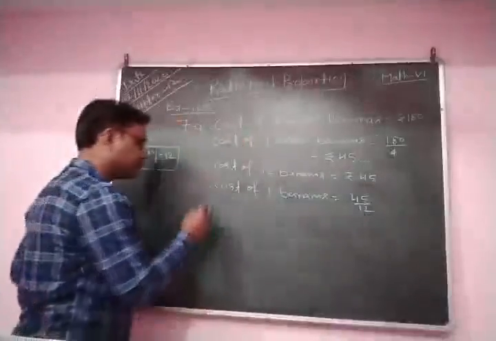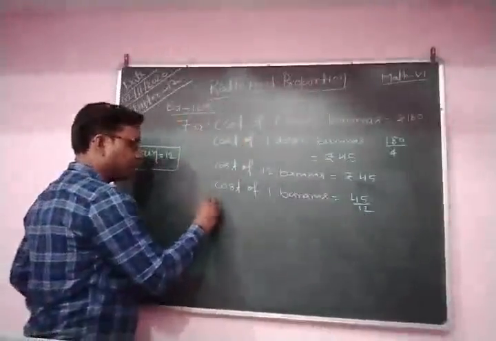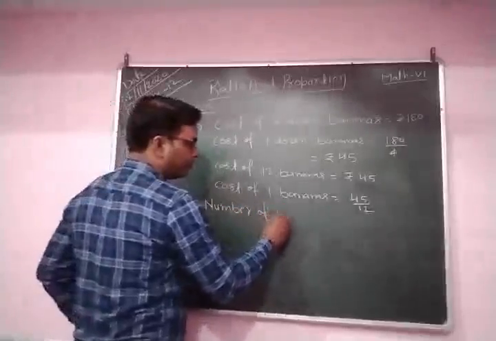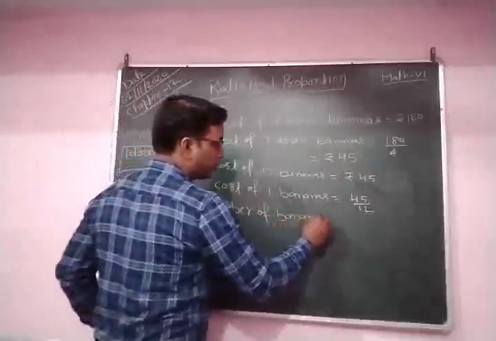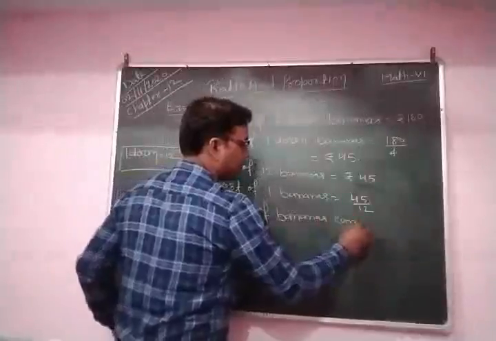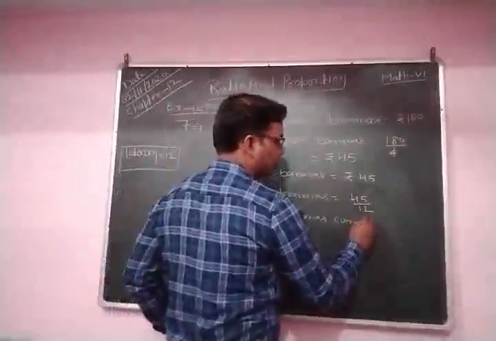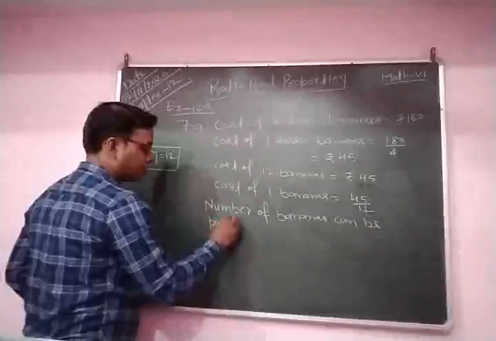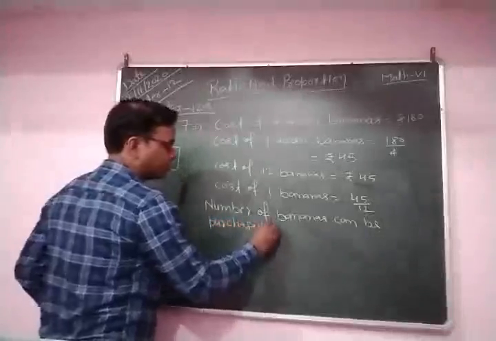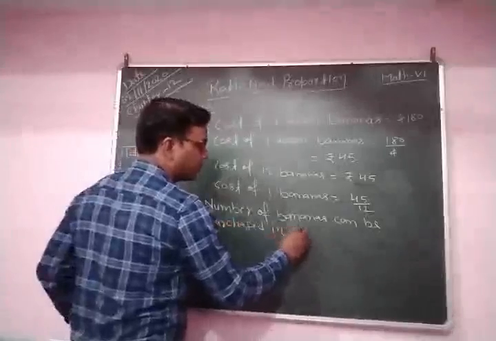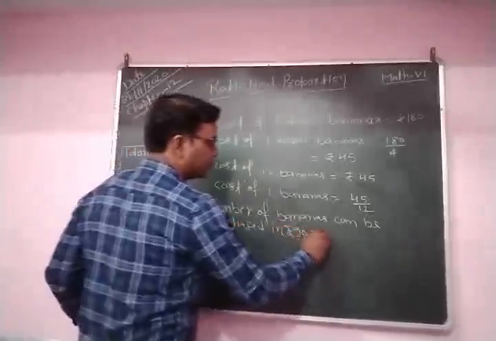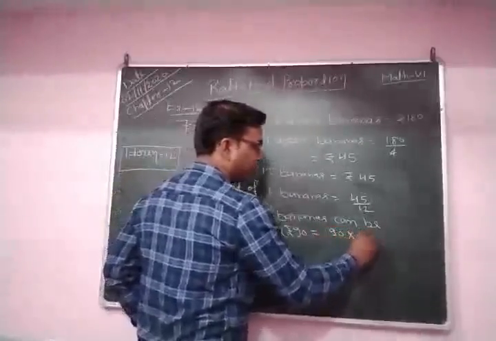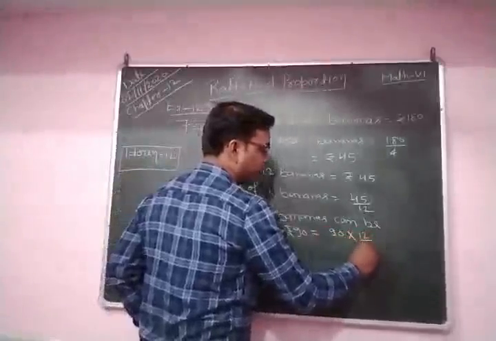Okay, so right here, the number of banana that can be purchased in 90 rupees is equal to 90 into 12 by 45.